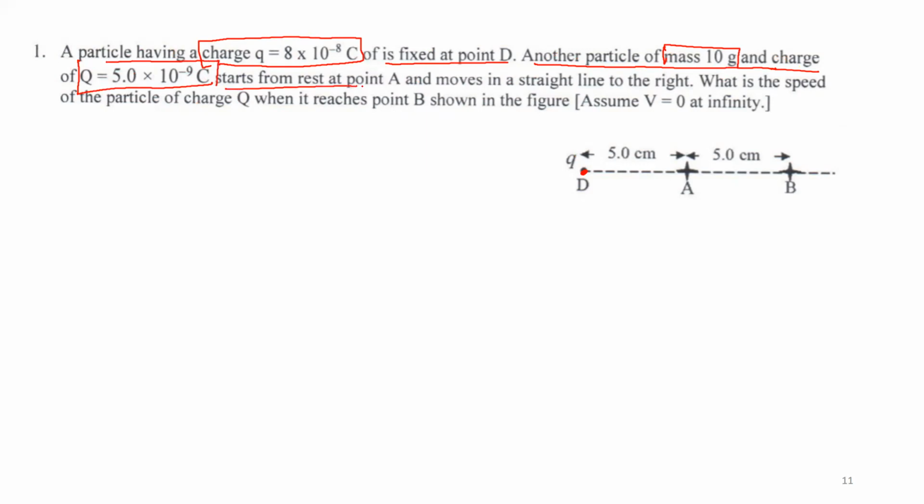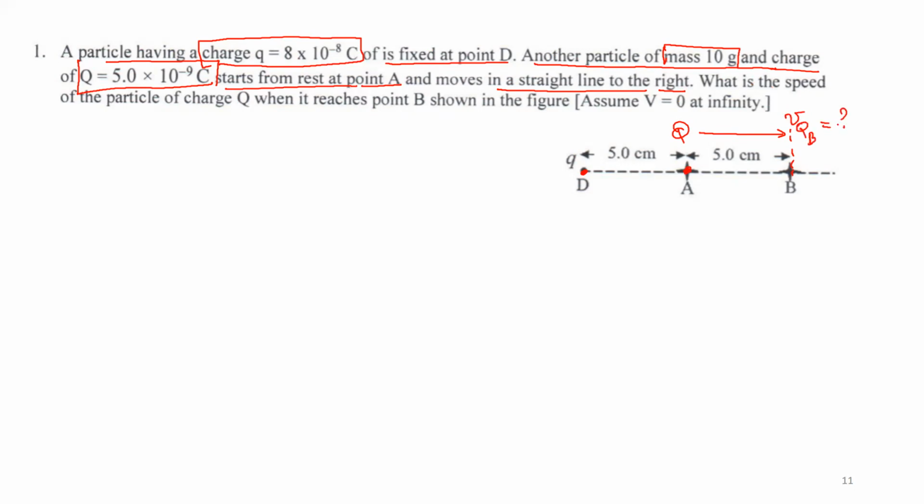It starts from rest at point B and moves in a straight line to the right. So it starts here and moves to the right. And now the question is, what is the V at B?